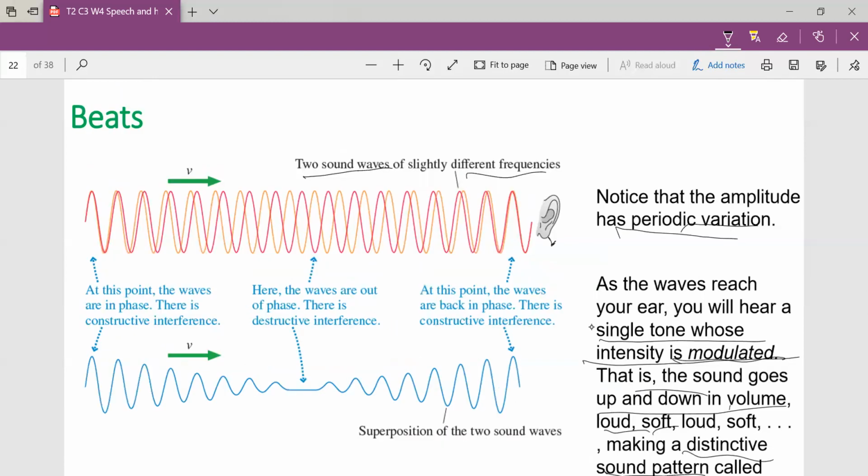Okay, so we have one, the orange and the red here. If you see the way the sound wave is coming off, you notice something at this point. They are constructive, destructive, and constructive, right?